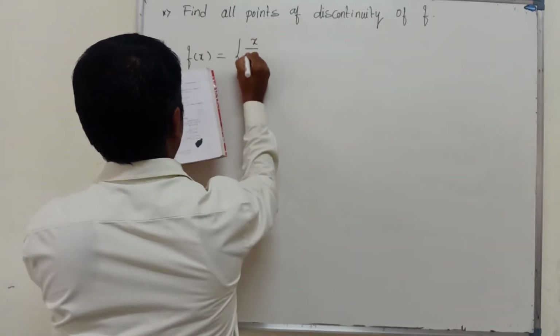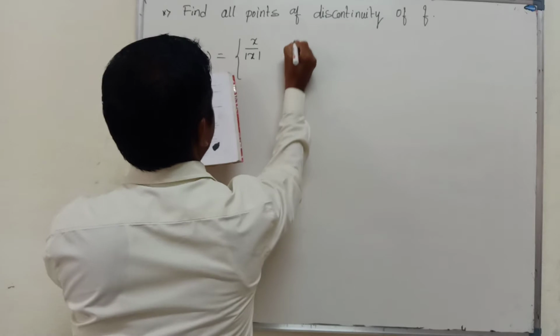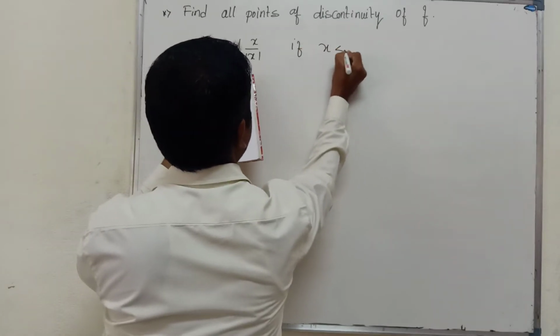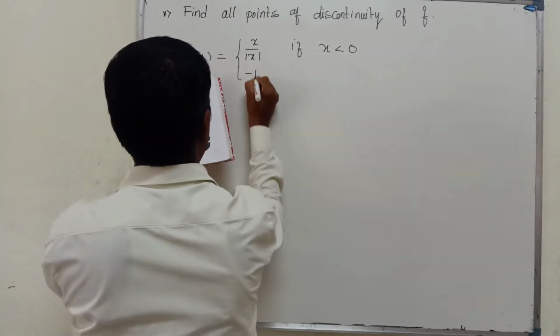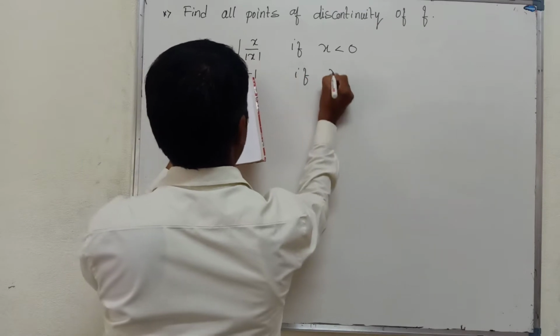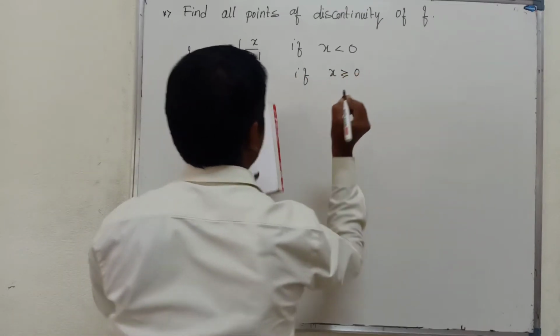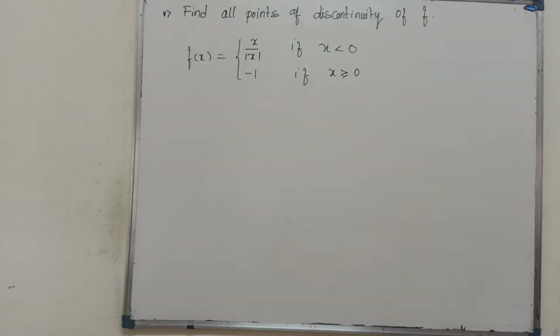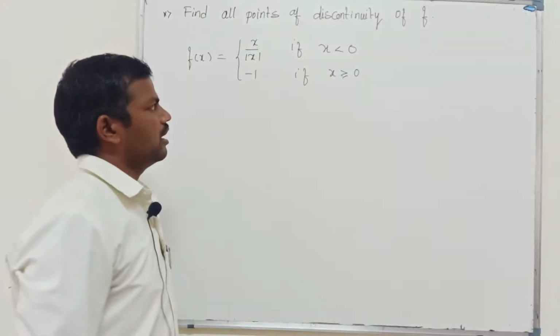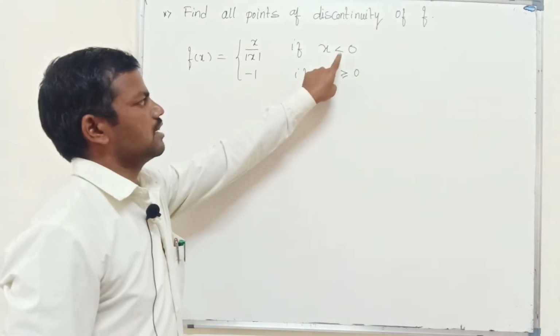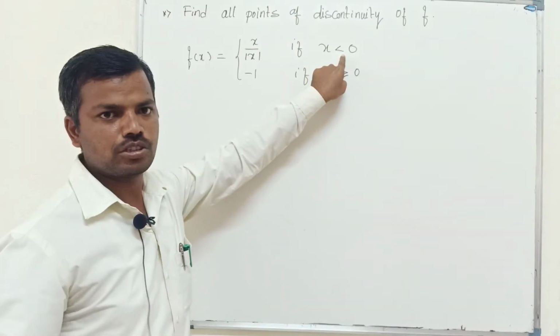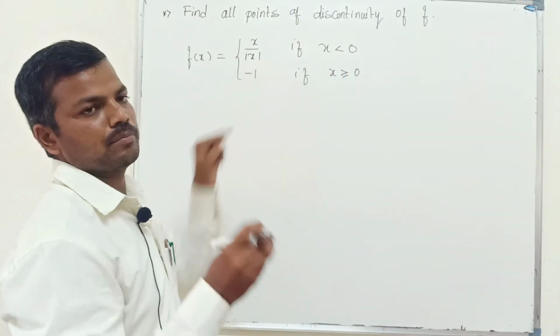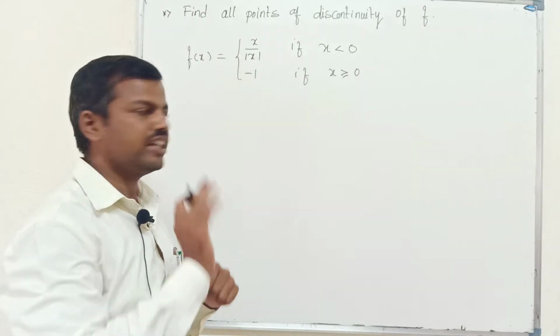f of x is x divided by mod x if x is less than 0, and minus 1 if x is greater than or equal to 0. Less than 0 means we know the behavior of the mod function already.